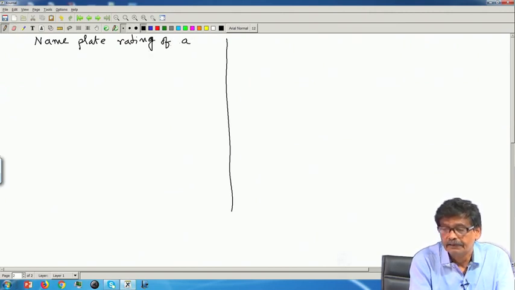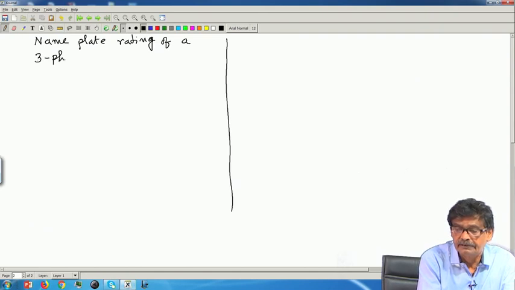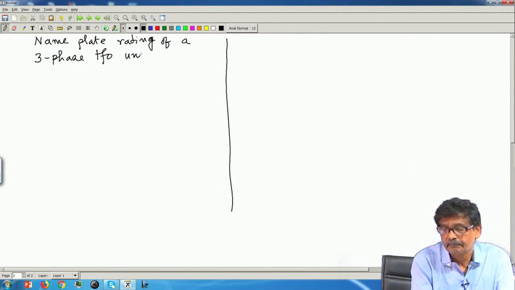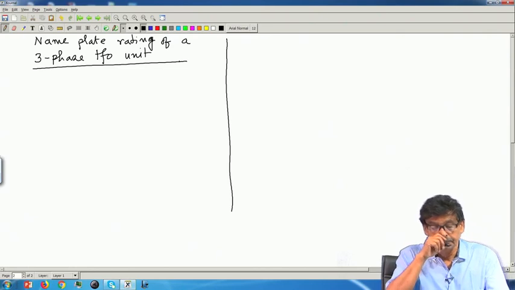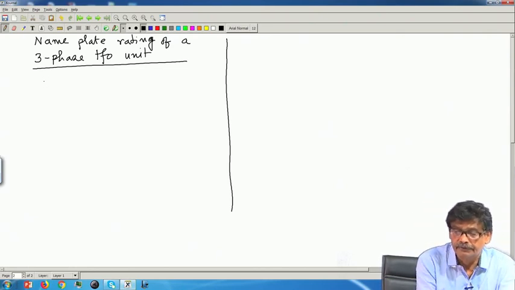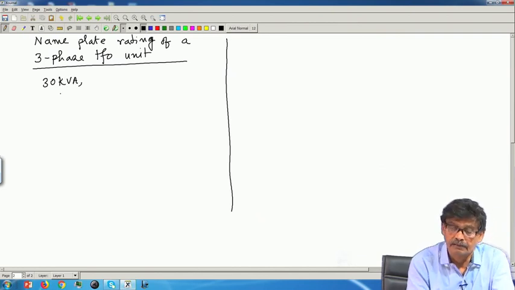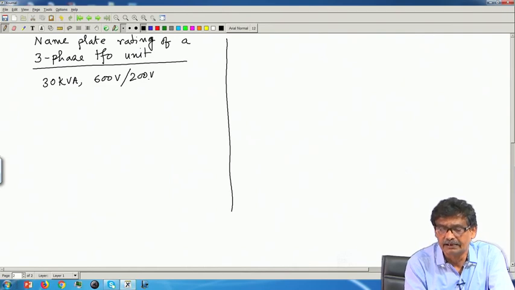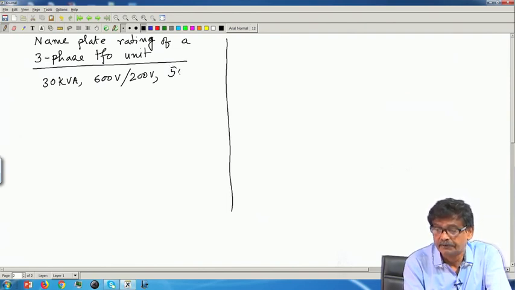It will be written as, suppose 30 kVA, say I am just giving some number, say 600 volt stroke 200 volt, which is not very practical numbers, but I am giving you for easy computation, 600 volt, 200 volt, 50 hertz.